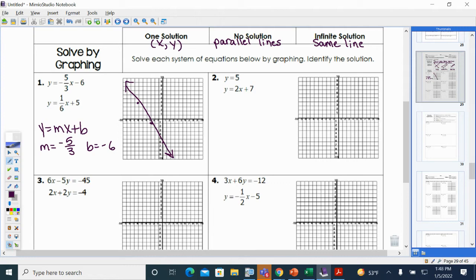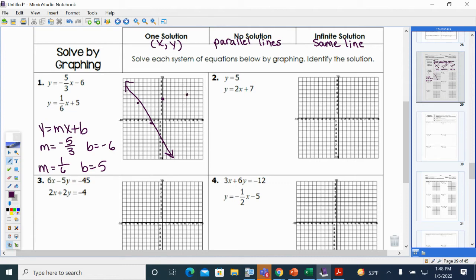For the second equation, y equals 1/6 x plus 5. The slope for the second line is a positive 1/6. The y-intercept is the 5. So again, to start graphing this, we're going to start at 5 on the y with a dot. And then we're going to rise 1 and run 6. So up 1, right 6.